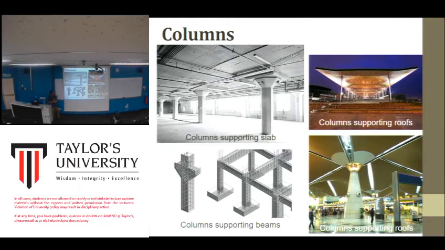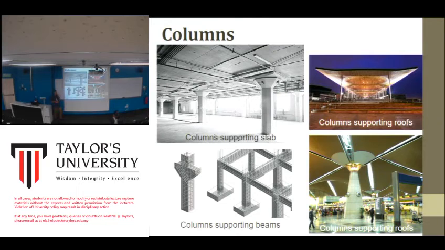You cannot see any beams here. And then this is the usual one, column supporting beams. It's not that the beam sits on the column. You have this column from the ground all the way up to the roof, but the beam is connected to the column. All the load carried by the beam is transferred to the column.